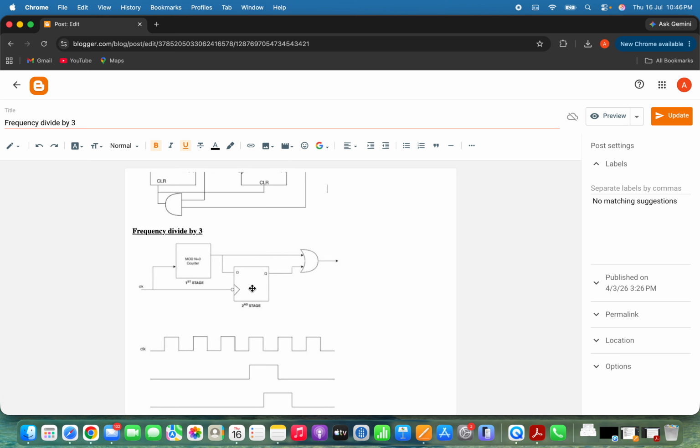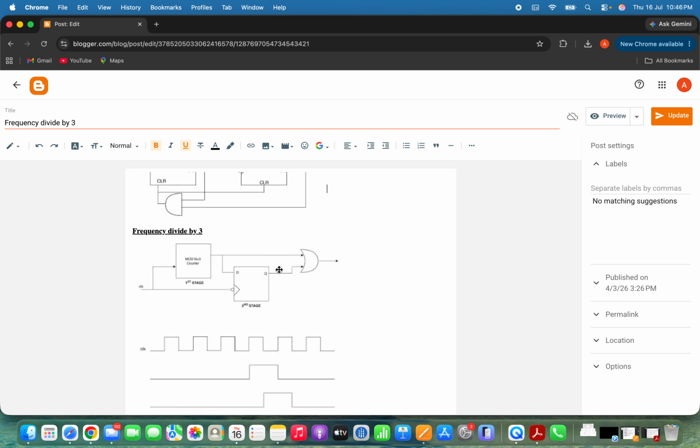So now we have two signals, the original mod 3 counter output and the same signal delayed by T/2. Finally, these two signals are combined using an OR gate. The OR operation merges the original signal with its delayed version. As a result, the high interval is extended. The output now remains high for 3T/2.